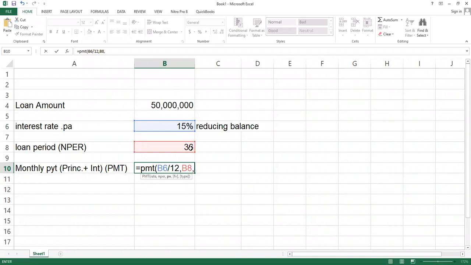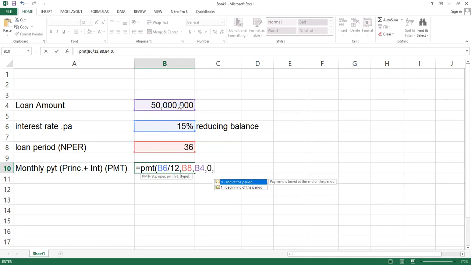Then it is asking for the present value, the PV, and that is the loan amount. So it is 50 million. Then it is asking for future value. Before that, I need to put a comma. Future value, I can put 0 and then put a comma.